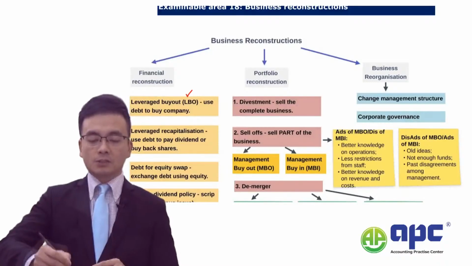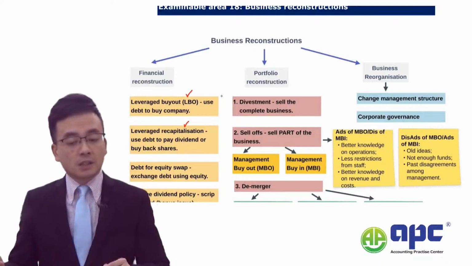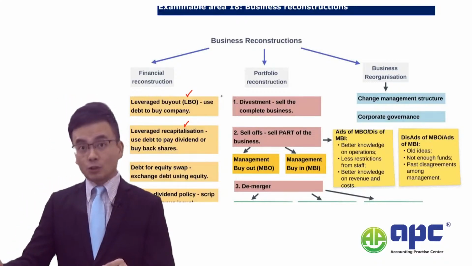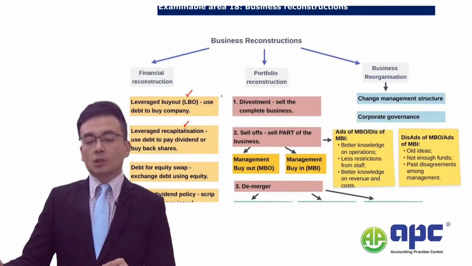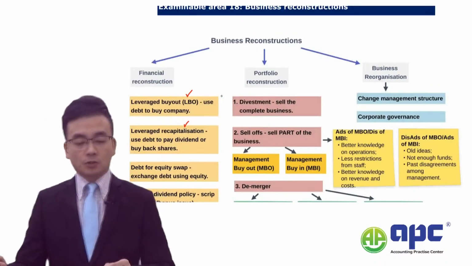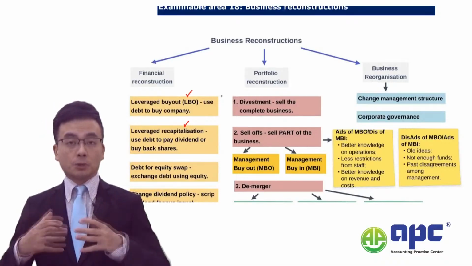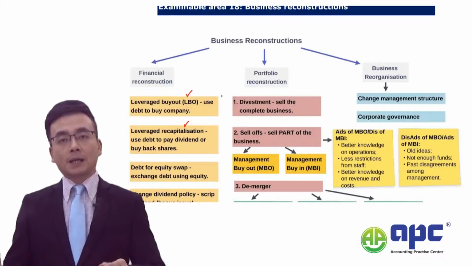Alternatively, we'd like to restructure the financial statement, which means the leveraged recapitalization way. Commonly tested, you may be given the current financial statement and use leveraged recapitalization. So for example, you pay a dividend or you buy back shares.